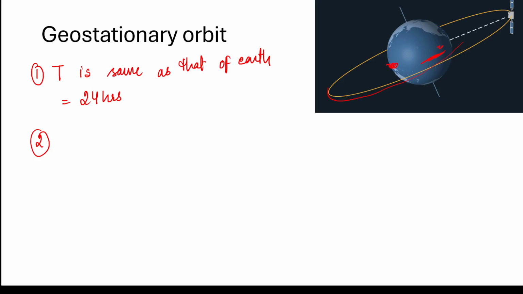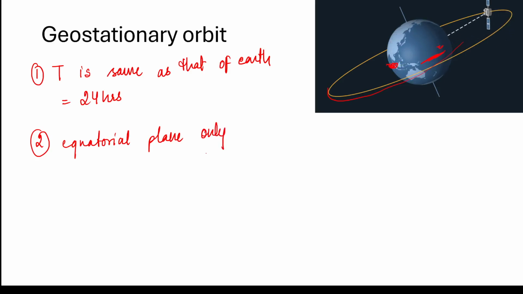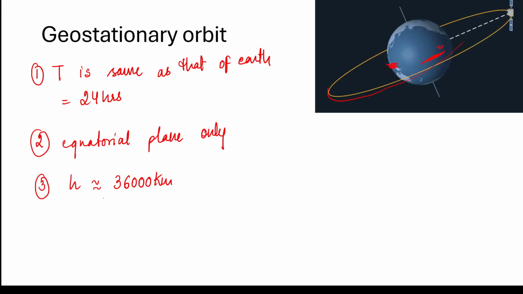It is in the equatorial plane only. Since we want this to complete one rotation around the Earth in 24 hours, we know the time period, so using the time period, we can calculate the radius. It is always at a height of around 36,000 kilometers above the surface of Earth, around 36,000, not exact.